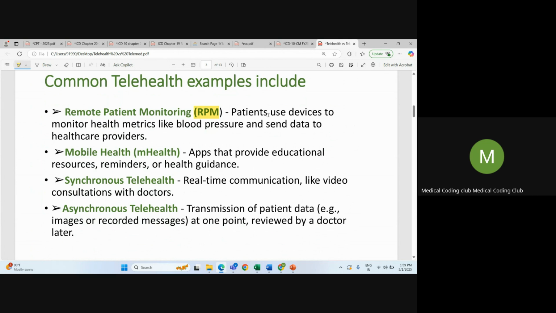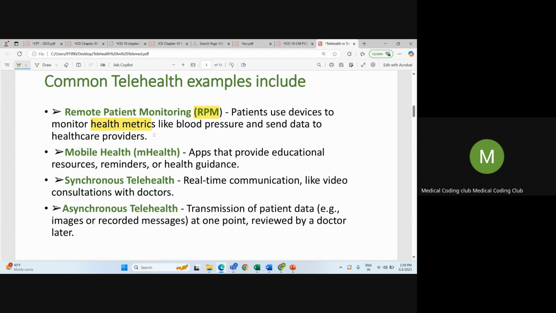What does RPM mean? The patient utilizes a device to monitor their health metrics, like blood pressure, and sends the data to healthcare providers. Whoever their primary care physician is, they send the data of their vitals.